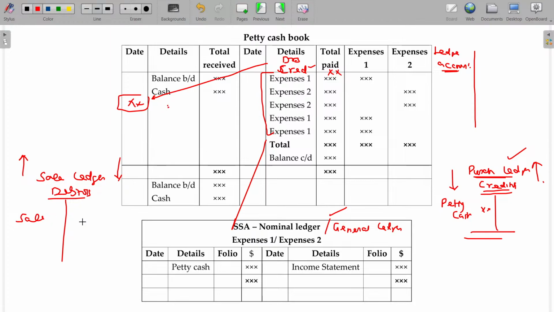If you are getting the money from debtors and the value is very small, it may be posted in the petty cash account, that's how you can post. Usually the debtors account is not tallied here. This also is not tallied. Usually not required to tally. In the case of nominal expenses, you can transfer to the general ledger. If you are asked to tally, that value will be transferable to the income statement, or you just keep it as it is.